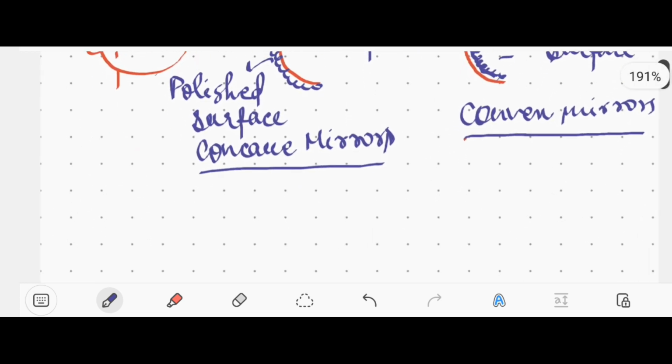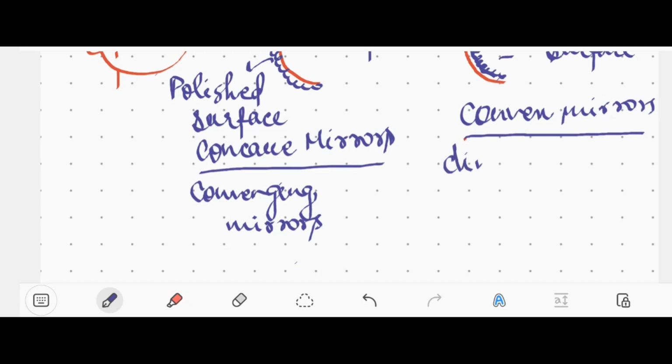Students, the concave mirrors are also known as converging mirrors. Why do we call them converging mirrors? We will learn it later on, but for now let's take it as a fact: concave mirrors are called converging mirrors and convex mirrors are called diverging mirrors.